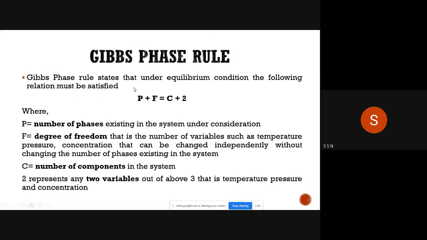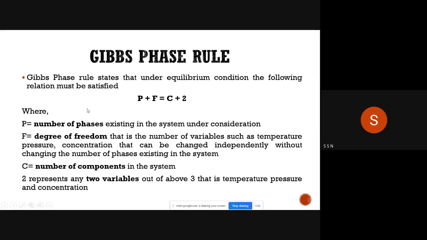Gibbs phase rule states that under equilibrium condition, the following relation must be satisfied: P plus F is equal to C plus 2, where P is the number of phases existing in the system under consideration.